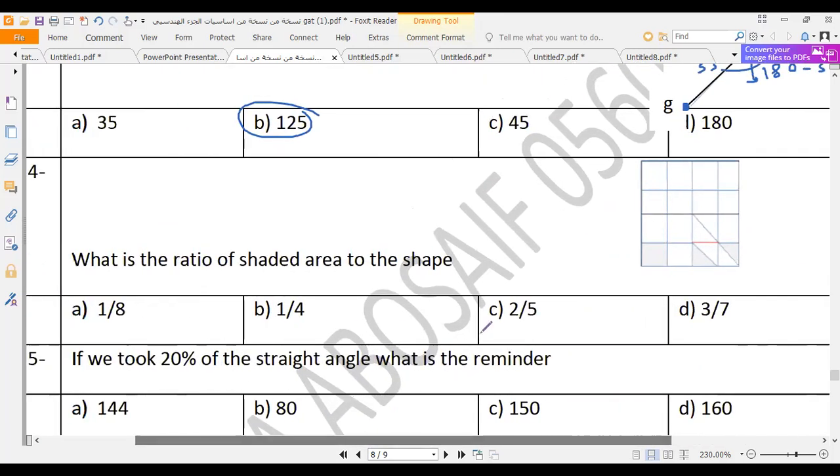Now, I just want all of you to try to share the answer of question number 4.